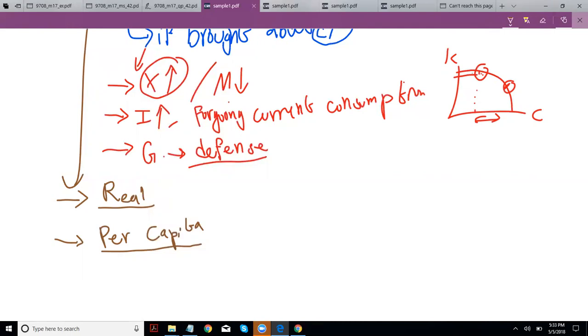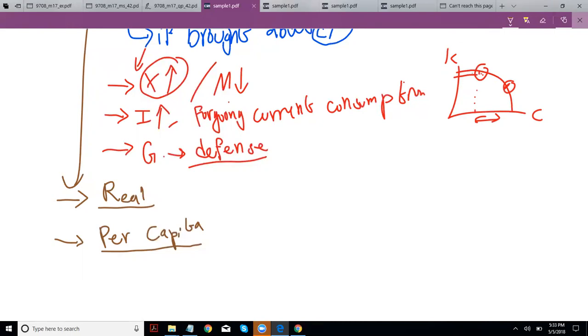Even though maybe output hasn't increased. So that's the issue. If inflation comes about, prices can go up and your GDP would increase even though you've actually not grown at all. Which is why we measure GDP not at market prices but at constant prices, which are the prices of a particular base year. That's how we get real GDP.